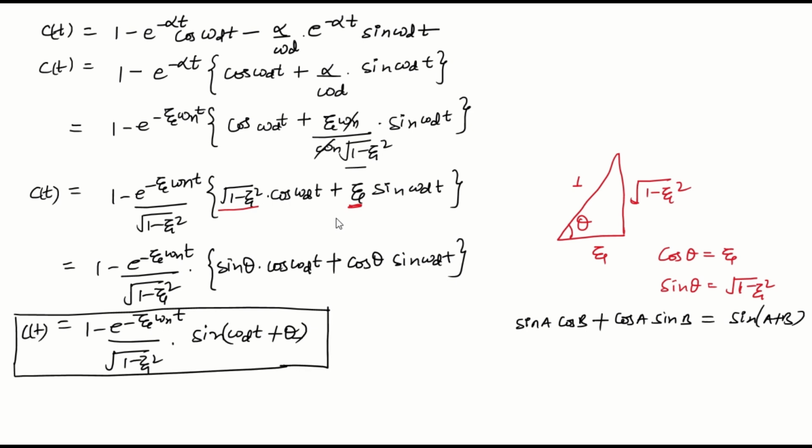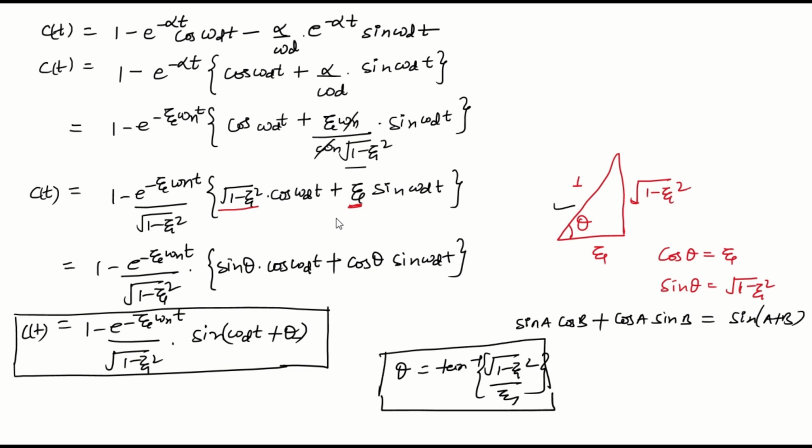Here theta, if you calculate from this triangle, will be tan inverse of square root 1 minus zeta square divided by zeta. So this will be the value of theta here. I hope you get how to derive this equation of the response of a second order system in the underdamped case.